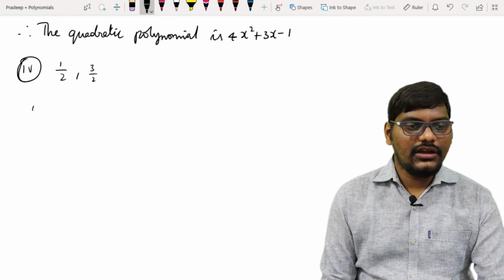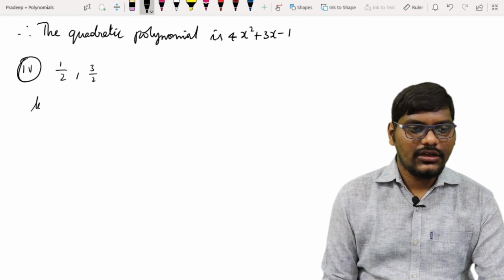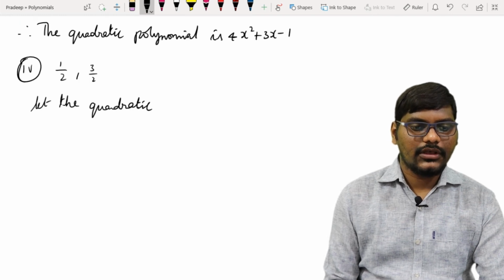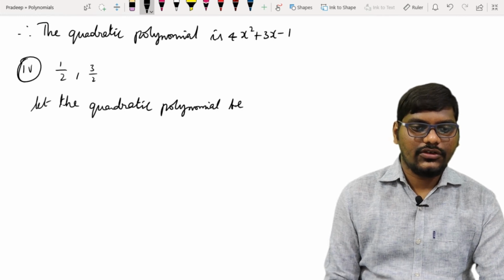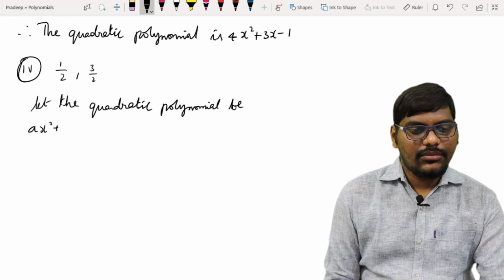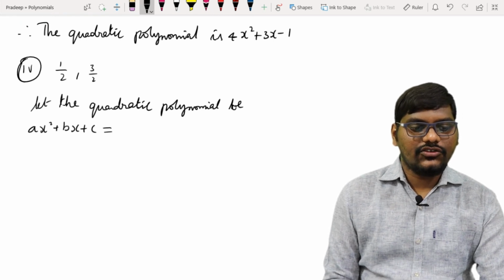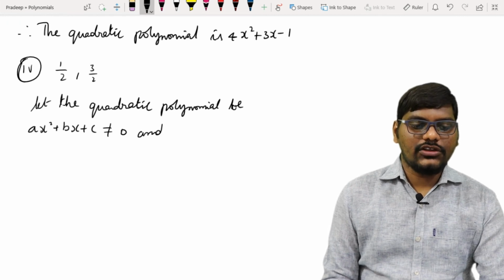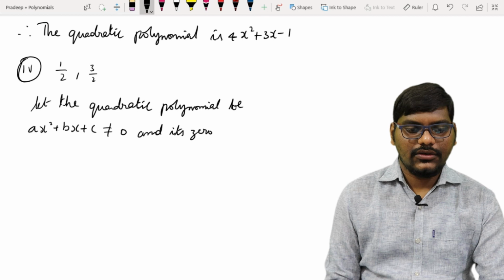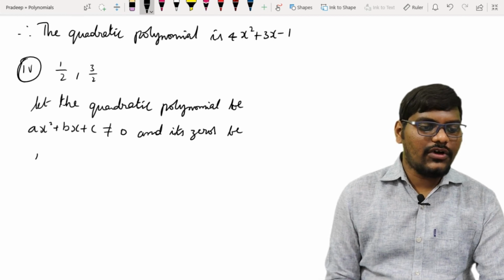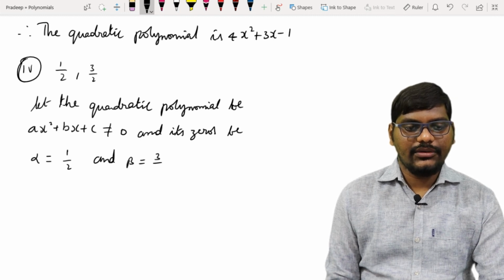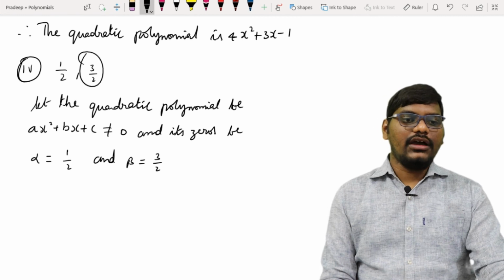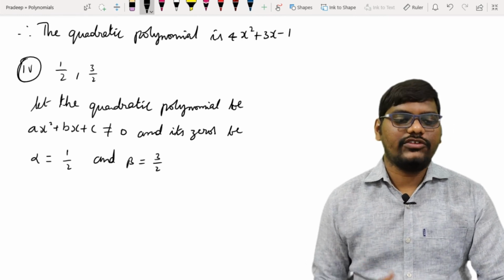So we'll write here, let the quadratic polynomial be ax square plus bx plus c, that is not equal to 0, and its zeros we'll also write, that is alpha 1 by 2 and beta that is 3 by 2. So alpha is 1 by 2 and beta is 3 by 2, the two values which they have given.